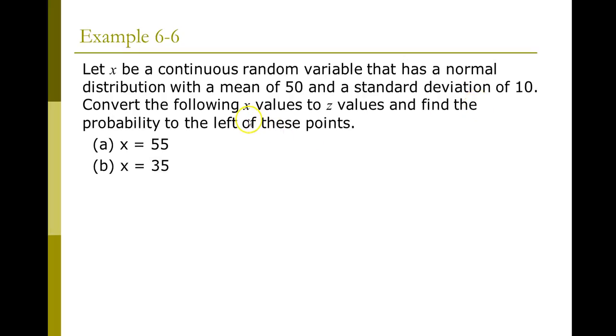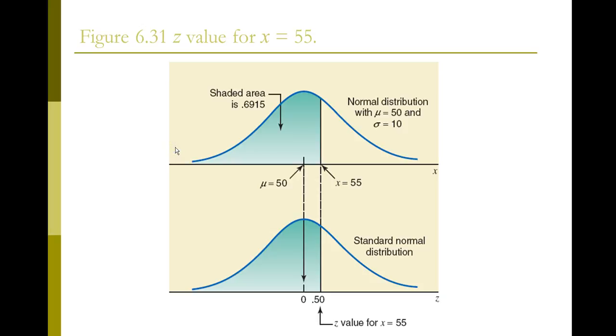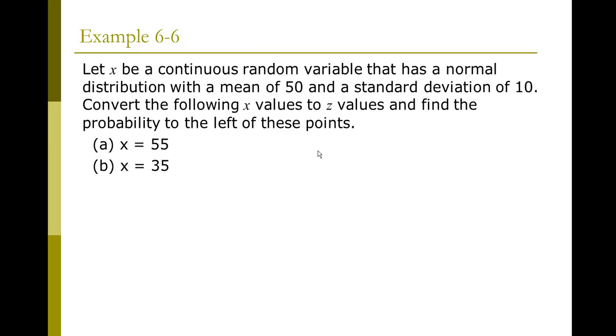Convert the following x values, this one and this one, to z values, and then find the probability to the left of these points. So let's see if they do it like this. So what they've done is, here's the mean for this random variable was 50 and a standard deviation of 10.